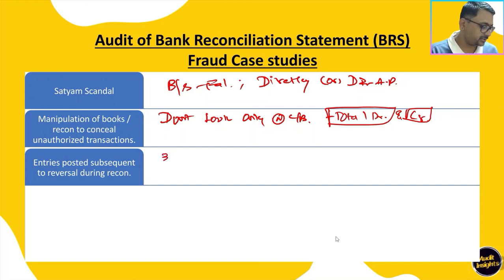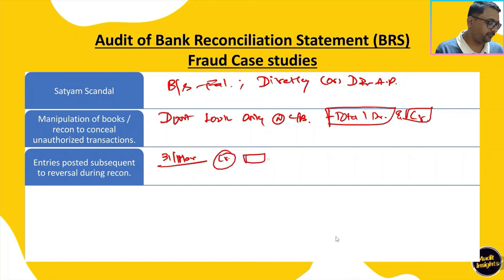Let's say on 31st of March, there is a payment entry made, which is a credit entry in the bank book. They will reverse it back to the vendor, and if I look at only the closing balance, this entry will not appear. But in the next month, say the first week of April, this entry is again posted.